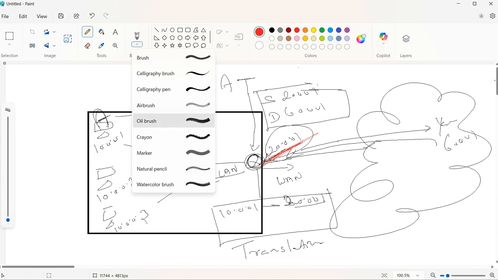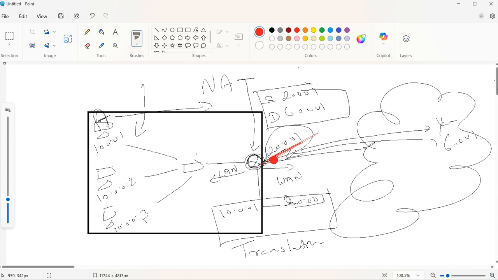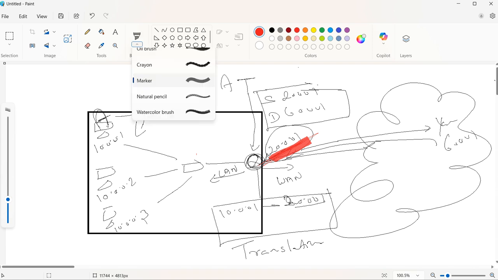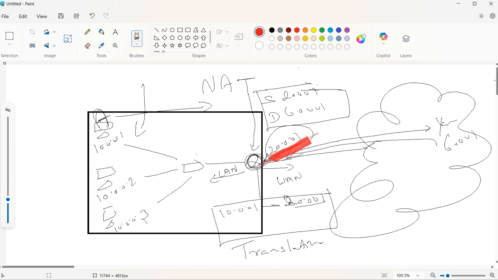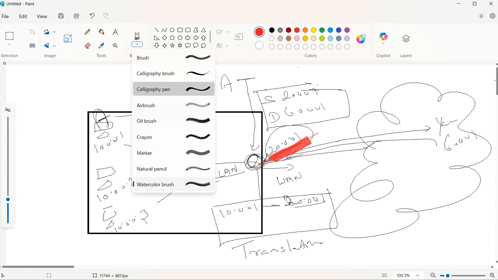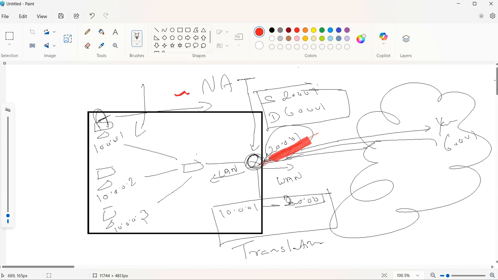But if I want to use that, I can use it. I am using another one.